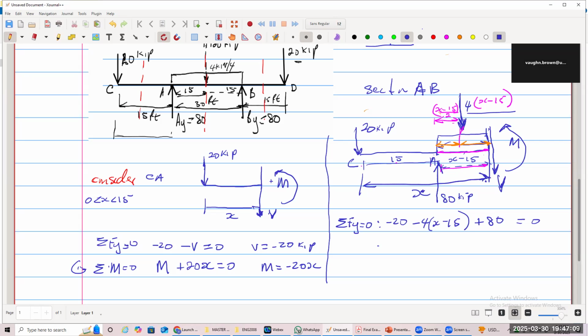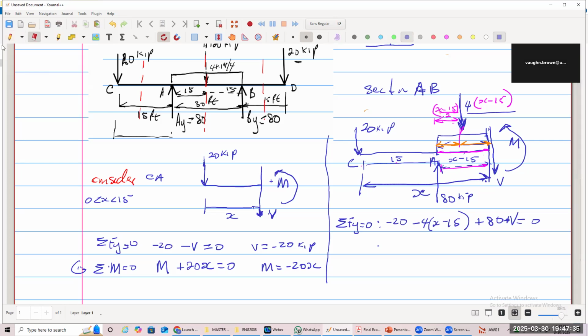What have we missed out? The shear. We don't put in the shear here. So let's put the shear back in there, nice and neat. Plus V. So we have a shear coming down, so the shear is minus, sorry.